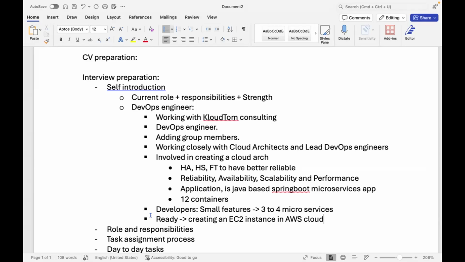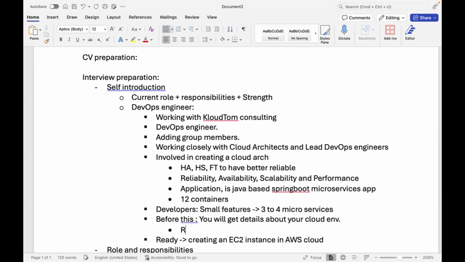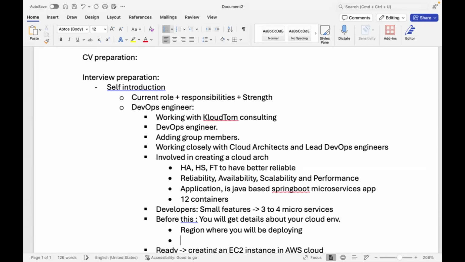Before that, before even this one, you will get details about your cloud environment, like region, where you will be deploying, account ID, and IAM user or role details.